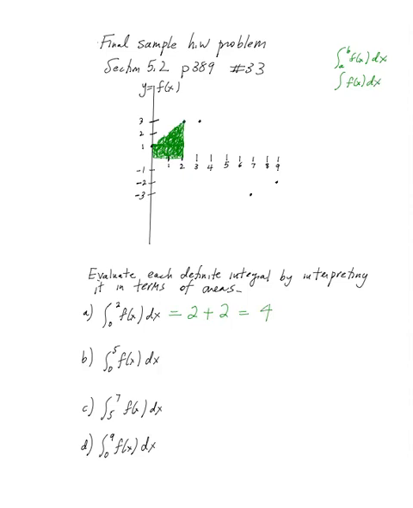Well, couldn't I make use of my previous problem? I could say that's the definite integral from 0 to 2 plus the definite integral from 2 to 5. This is actually a theorem in your book, in section 5.2.